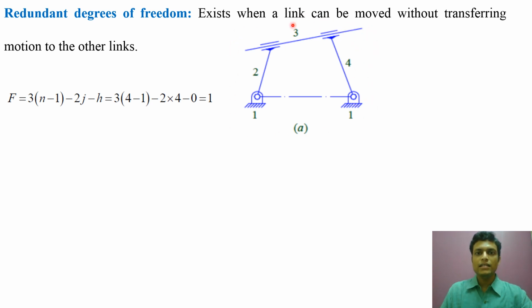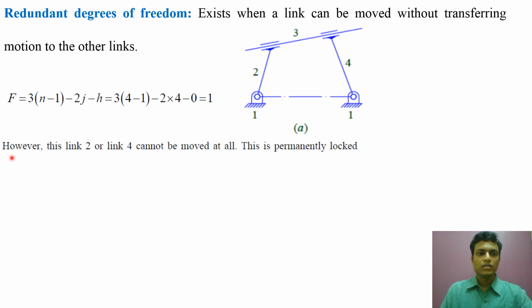But in this configuration, link 2 and link 4 cannot be moved because they are permanently locked. See here, link 2 cannot move because link 3 restricts its movement. So link 2 and link 4 cannot be moved at all. They are permanently locked. So in this situation, the mechanism becomes a structure.